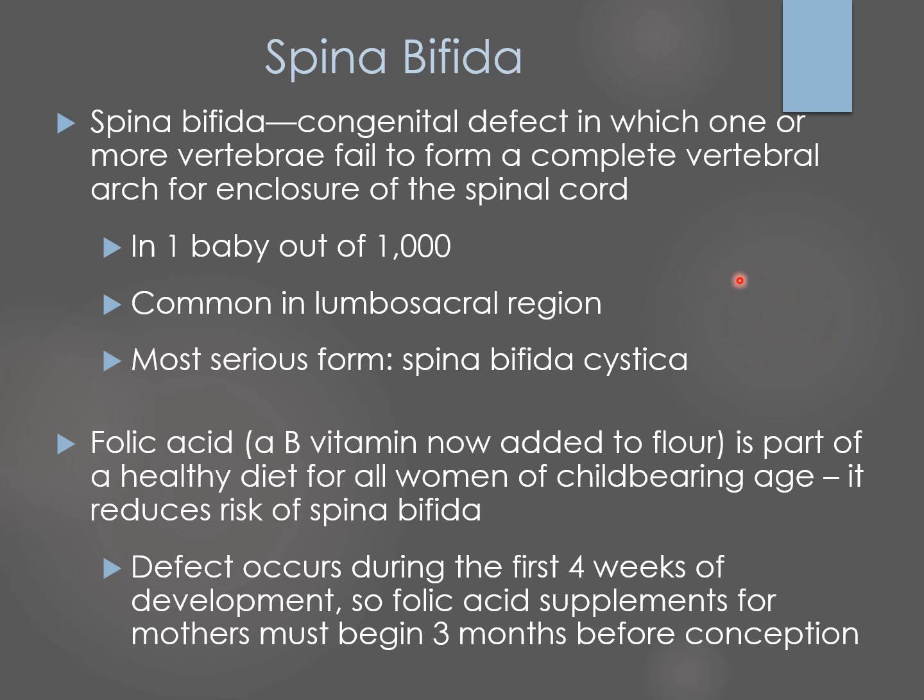The most serious is spina bifida cystica. What we know now is that folic acid, which is a B vitamin, is vital for preventing spina bifida, and it should be in the diet of all women of childbearing age.